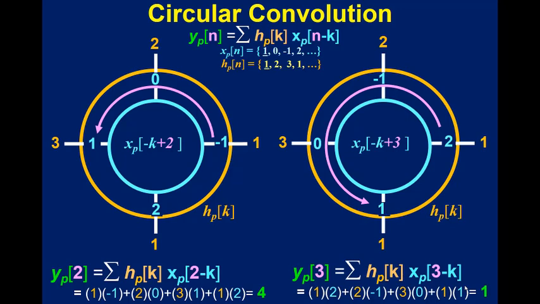Which means if I tried to do convolutions using discrete Fourier transform math, I end up doing this kind of convolution, circular convolution, always. That's not what I want. I usually want linear convolution. And so I need a way to turn that into linear convolution when I use these.